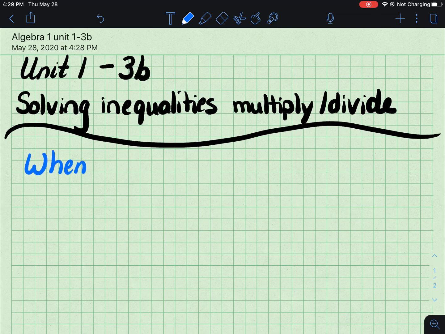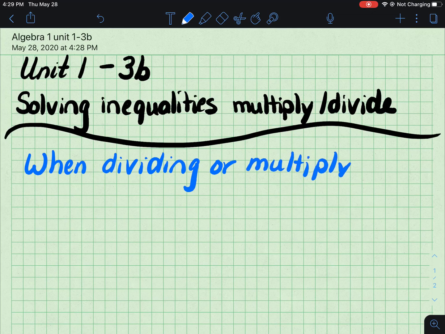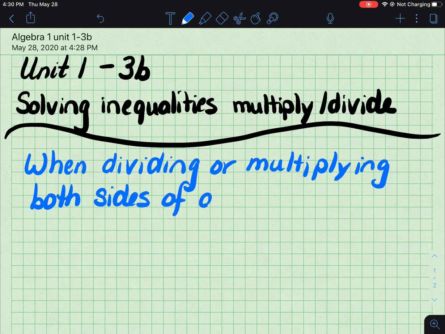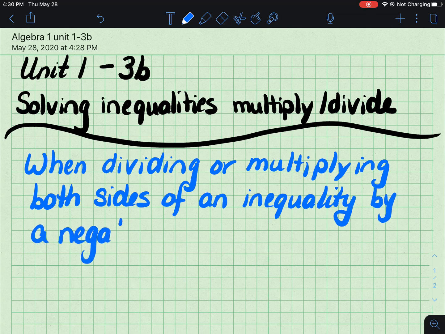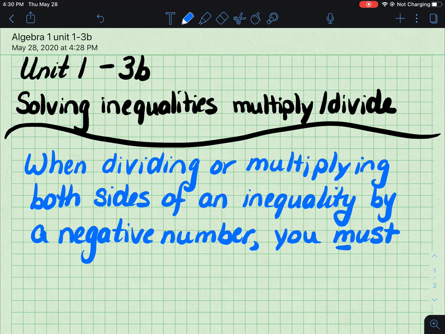When dividing or multiplying both sides of an inequality by a negative number, you must reverse the inequality symbol. And this is hard to remember.